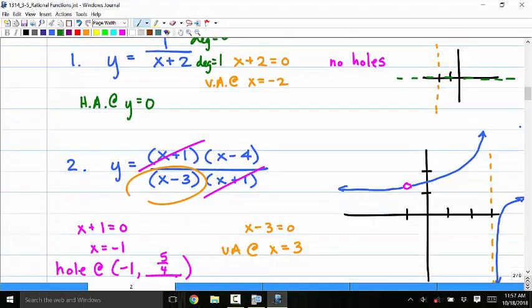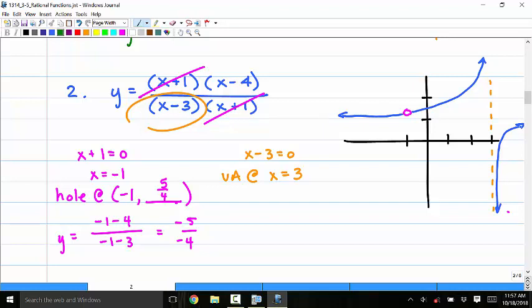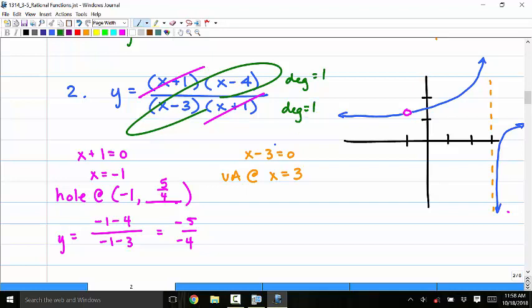On number 2, the stuff that's left, so here, y equals x minus 4 over x minus 3. What's the degree of the numerator? It was actually 2 to begin with, but the reduced form one is degree 1. Degree of the denominator on the reduced form? 1, because you had x minus 4 over x minus 3.